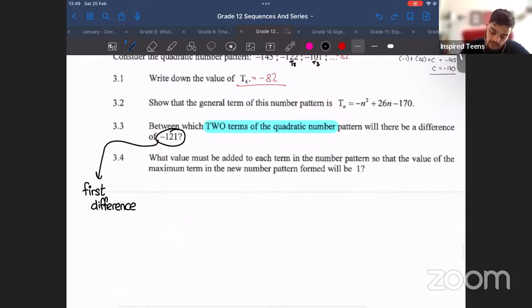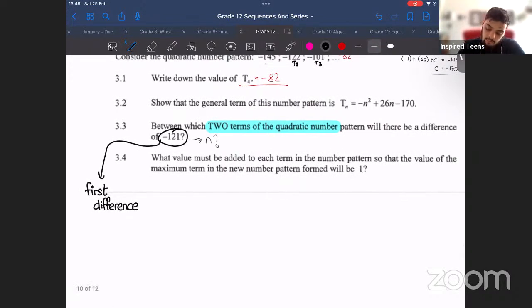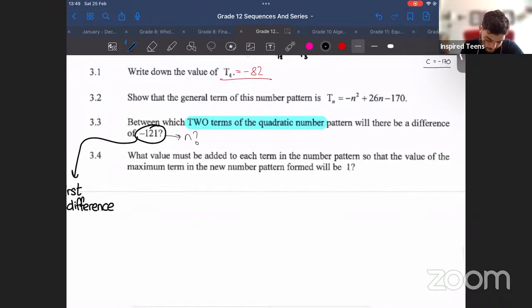We have to calculate what n is for negative 121 in the arithmetic, which term is negative 121. So let's do that. We have to get the general formula for arithmetic.